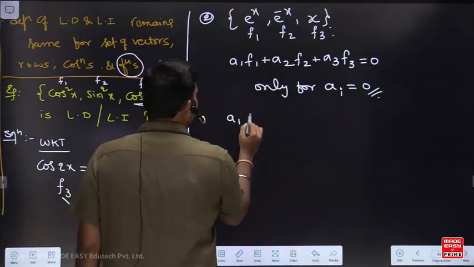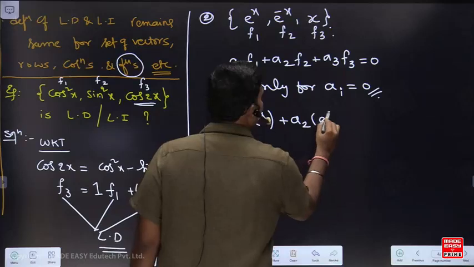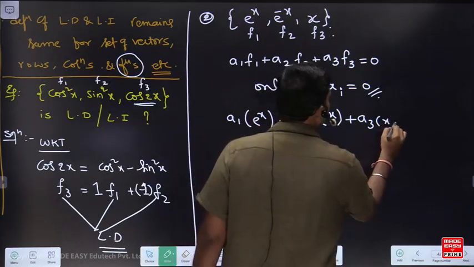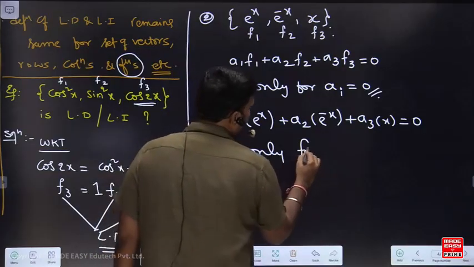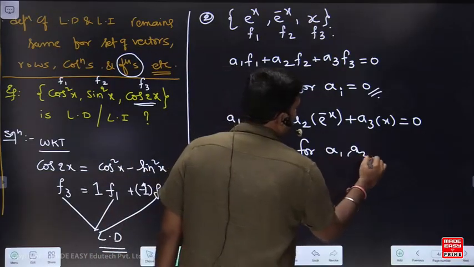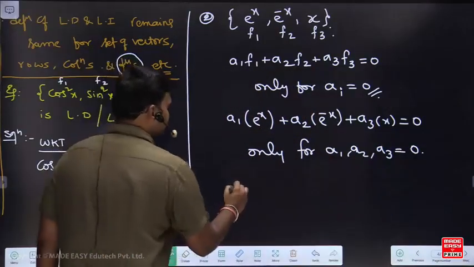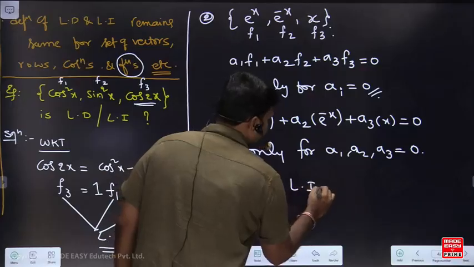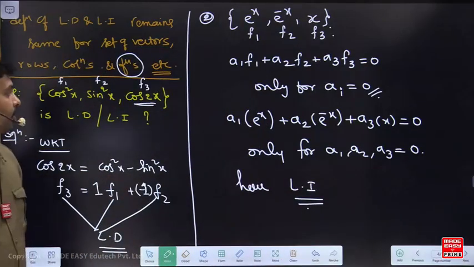That means A1 into e power x plus A2 into e power minus x plus A3 into x is equal to 0 only for A1, A2, A3 equal to 0. Hence they are linearly independent.